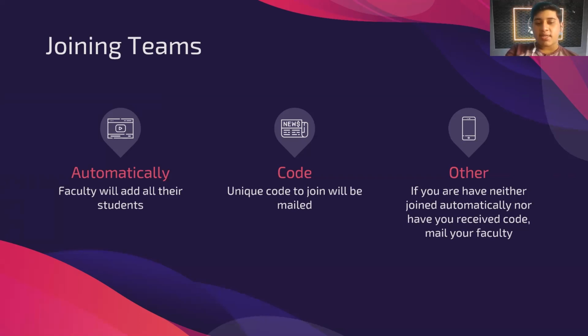I will explain that in detail later. Otherwise, in case your faculty doesn't add you to the team, nor gives you the code via mail, I will say wait until one day prior. Let's say your classes are conducted at 16 am, I'm assuming that. So by 15th noon, if you don't get a mail, nor are you added to the team, I will recommend you mail your faculty.